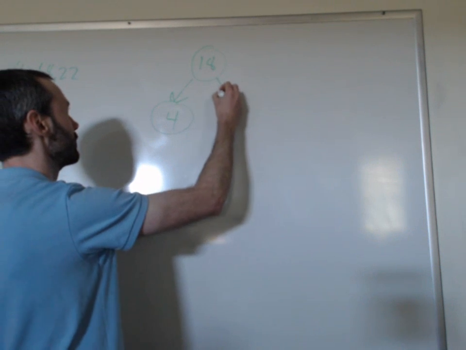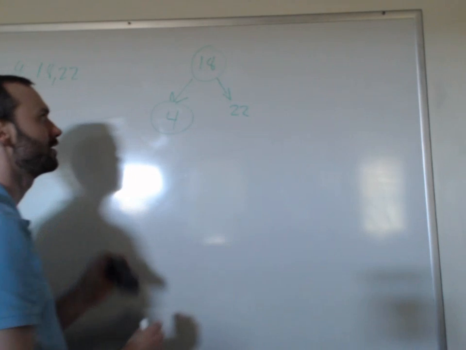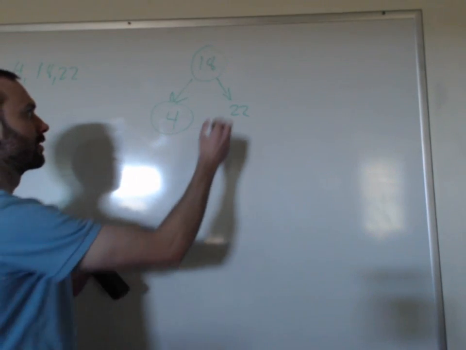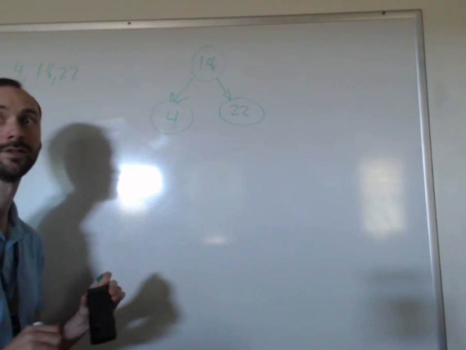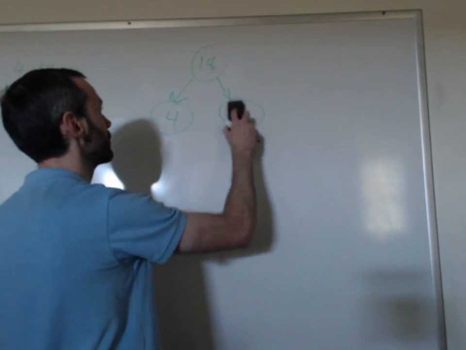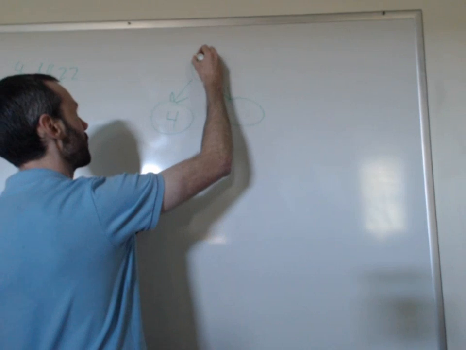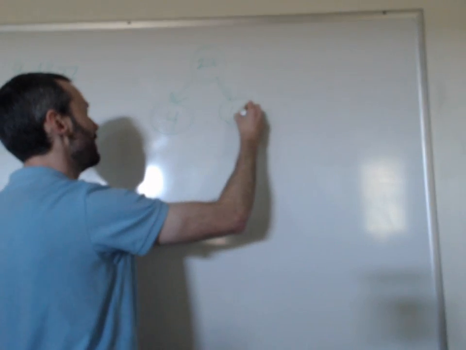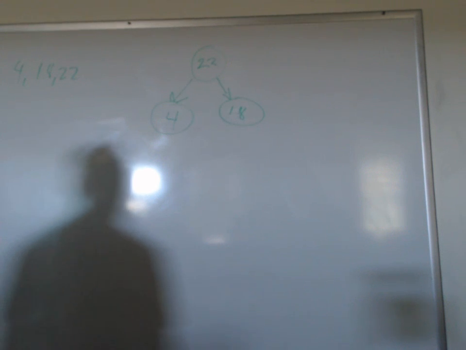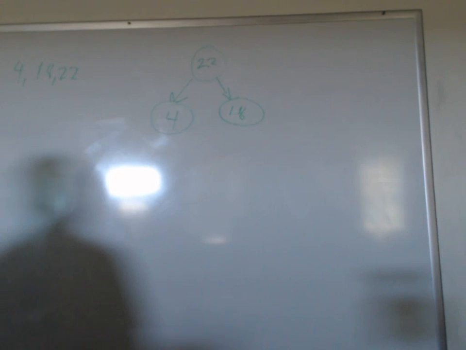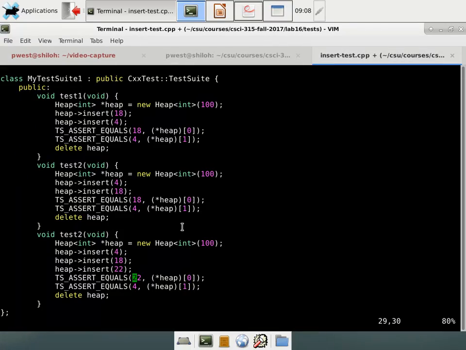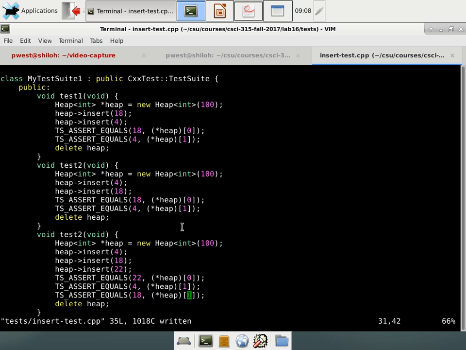Then comes the 22. We need to sift up. So we add the elements in that order. The heap should be this. A little tricky on how to test this, but that's how it's got to be. So the second element should be a 4, and then the next one should be an 18 at the end.